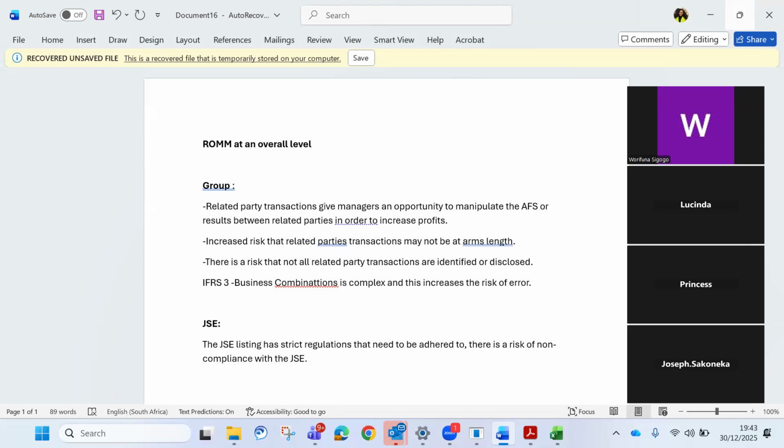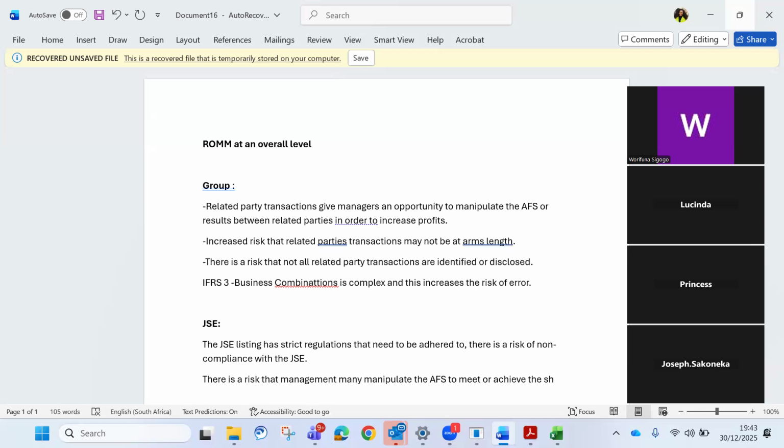There's a risk that management may manipulate the AFS to meet or achieve the shareholders' expectations. Remember, you're listed on the JSE, which means the public is expecting certain things.